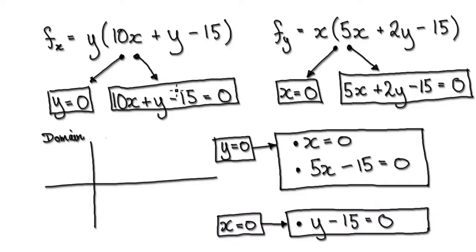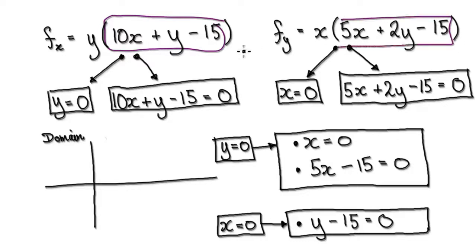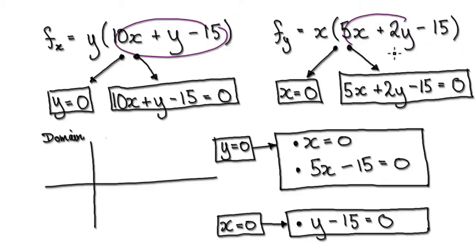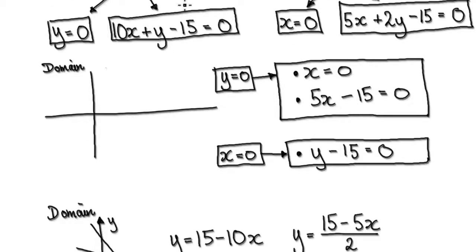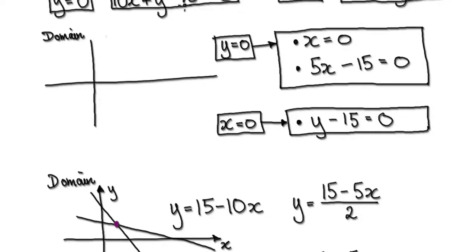So now the last scenario is when this thing here equals 0 and this thing here equals 0. So you want both of these to be 0 somehow. Let's go back to here.